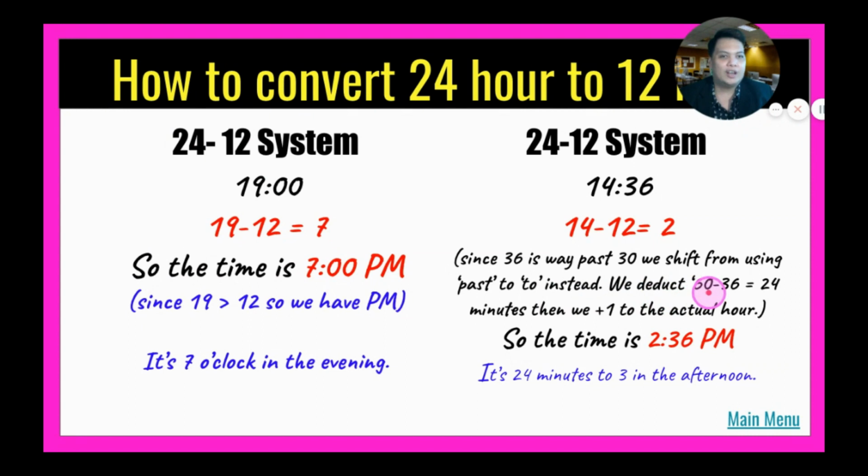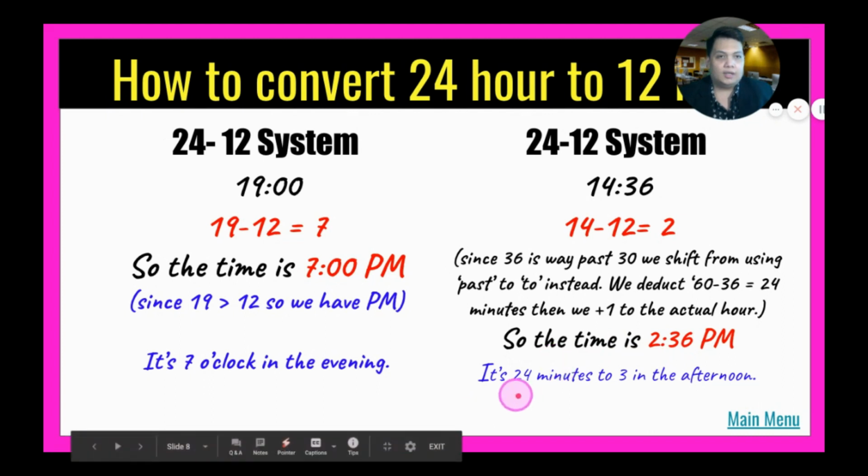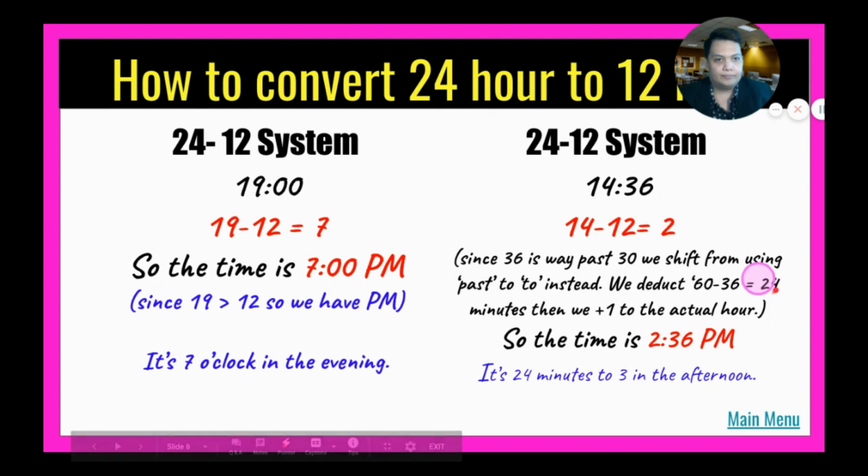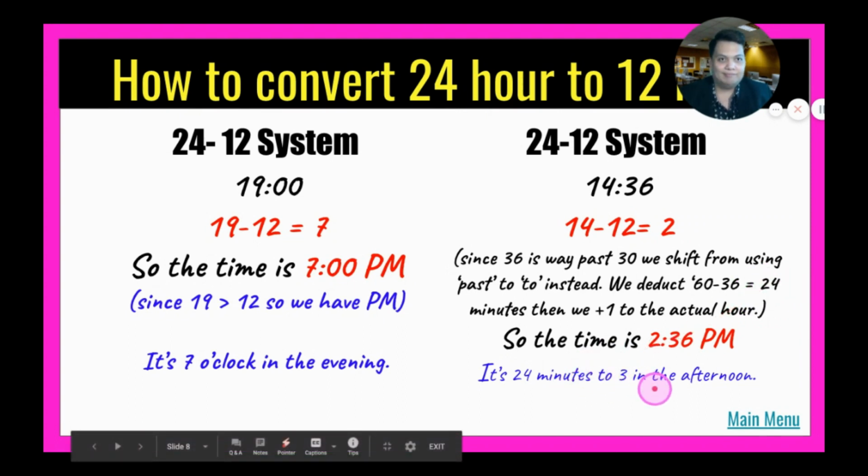So we deduct 60 minus 36 and it's 24 minutes. Then we add 1 to the actual hour. So the time is like this, 2:36 p.m. If you want to write it simply like this, or if we say it, it's 24 minutes to 3 in the afternoon.